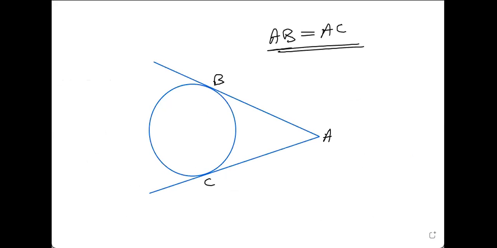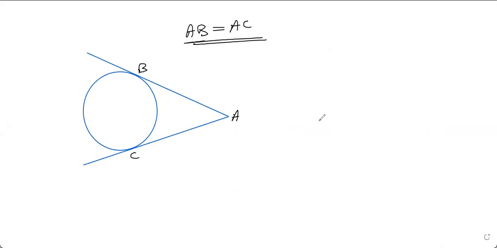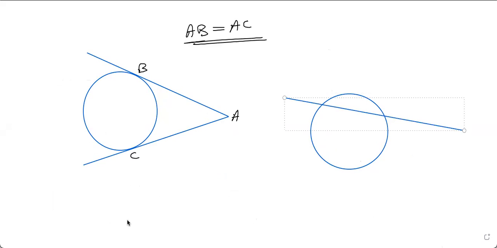Switching back to whiteboard. I cannot draw a circle like this. I will use technology and draw it properly. Okay, so there is a circle here, and so we have a secant, and then suppose we have a tangent here, and we will name those things.